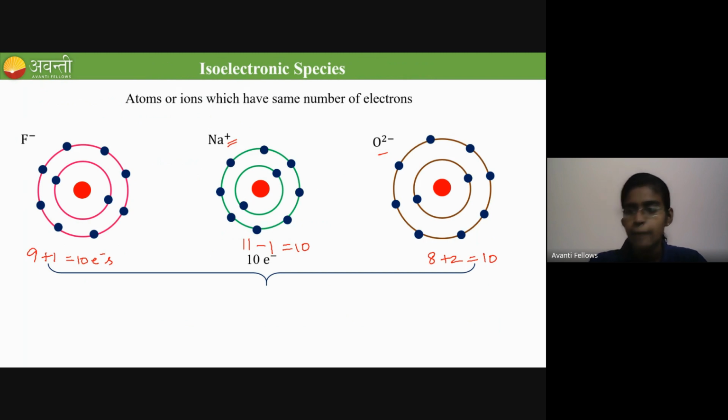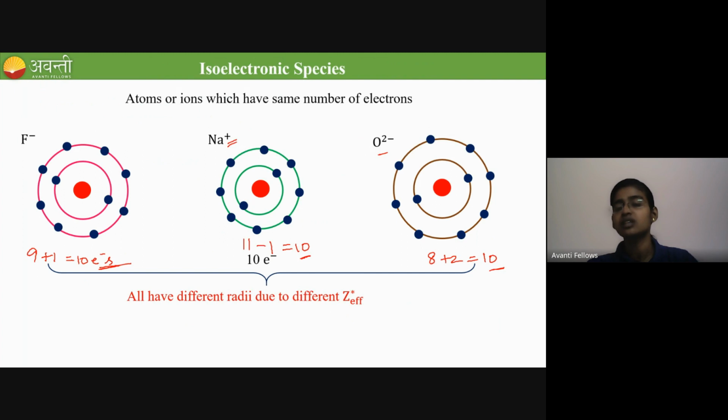They all have different radii due to the different effective nuclear charge present inside. Only the number of electrons remains the same for all three, but the number of protons is different. The effective nuclear charge is different for all three species, so the size will also be different.